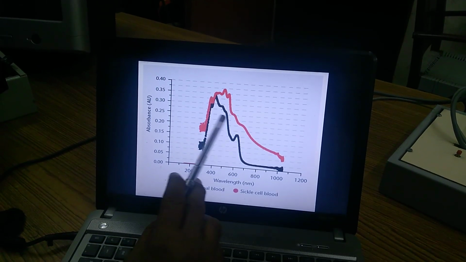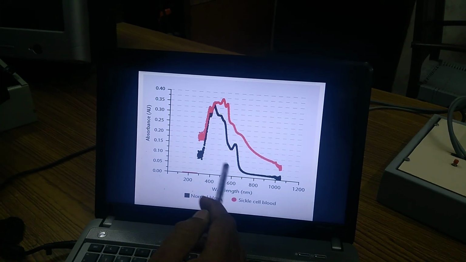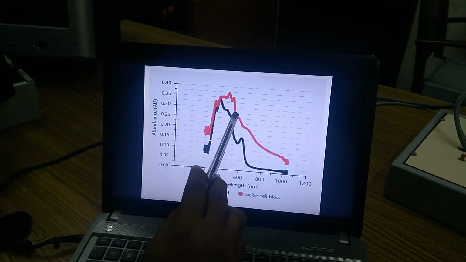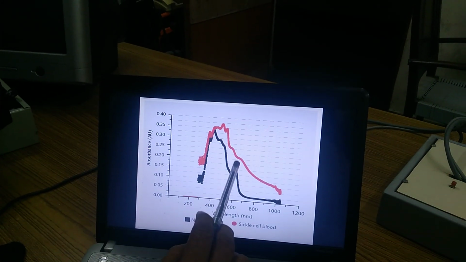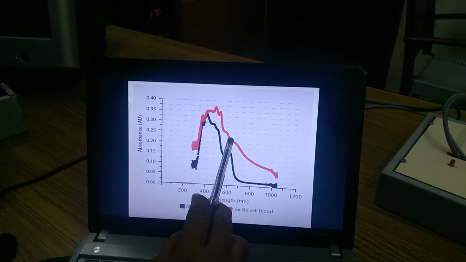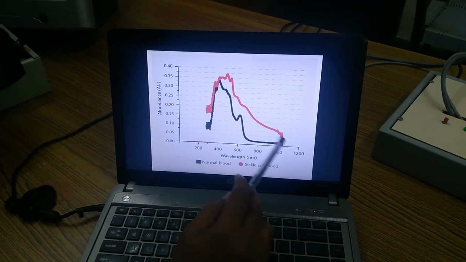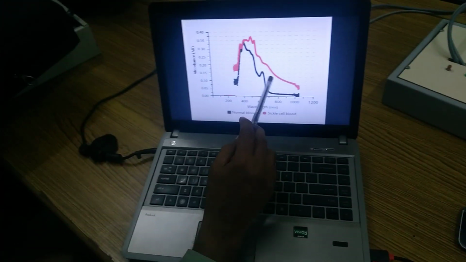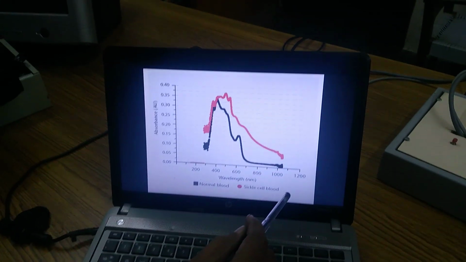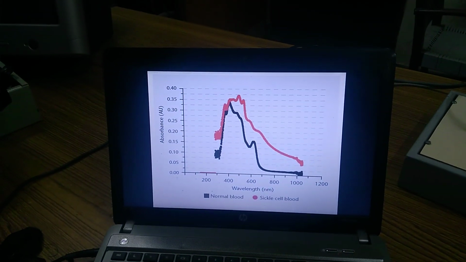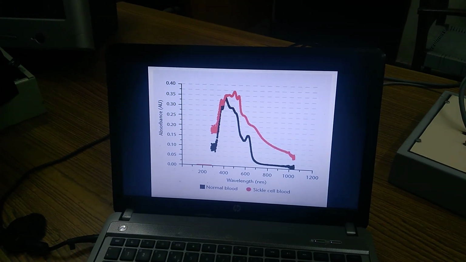To have more clarity, we took another wavelength also, at this particular point and again at 720. So we are using three wavelengths, and taking the ratios at the different wavelengths.